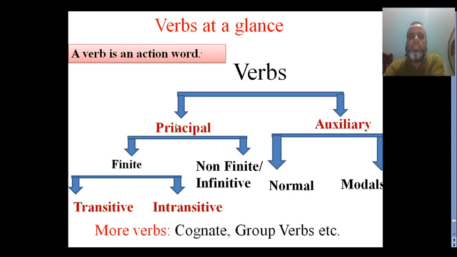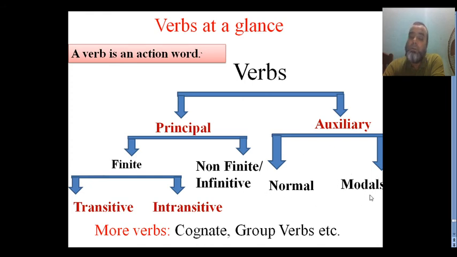Principal means it need not take any help from another one. An auxiliary verb has no meaning of its own. It is just used as a substitute, or it helps to express the meaning of the principal verb. Then the principal verb is again divided into finite and non-finite. An auxiliary verb is divided into normal and modal.